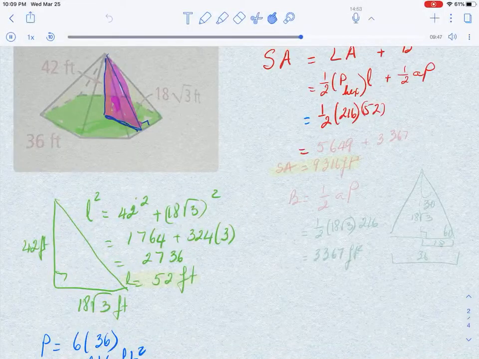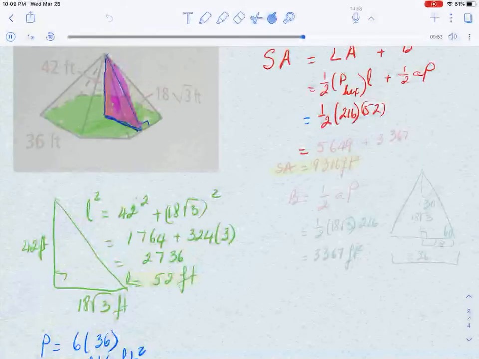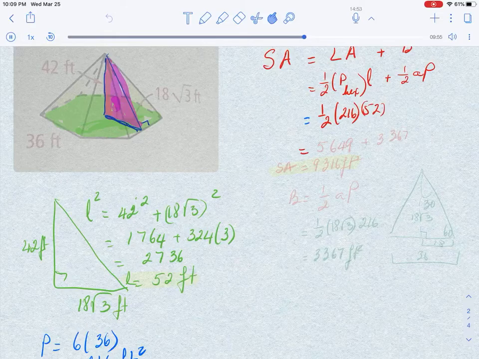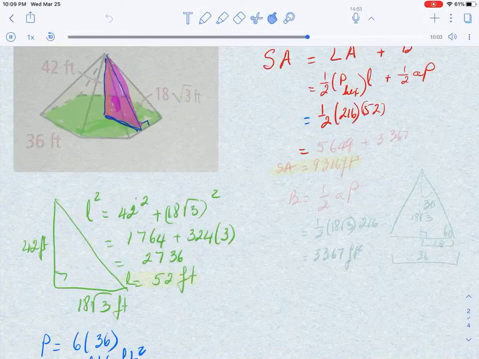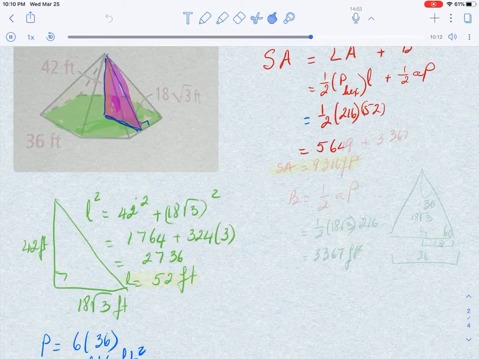To answer these questions only, 1 times 52 divided by 2, that should give me 16. I made a little typo right here. This one right here should give me 5,6,4,9.